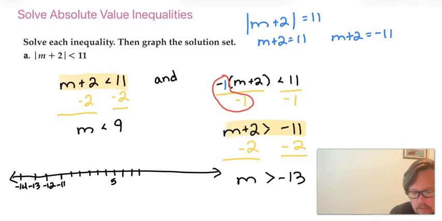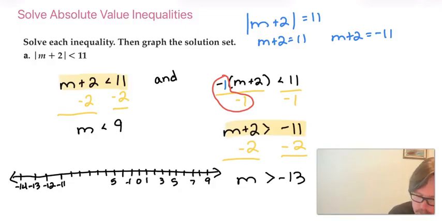5, 4, 3, 2, 1, 2, 3, 4, 5, 6, 7, 8, 9. I'm not going to number all of these because it's such a wide range. Did I miss some? 9, 8, 7, 6, 5, 4, 3, 2, 1, 0, -1, -2.